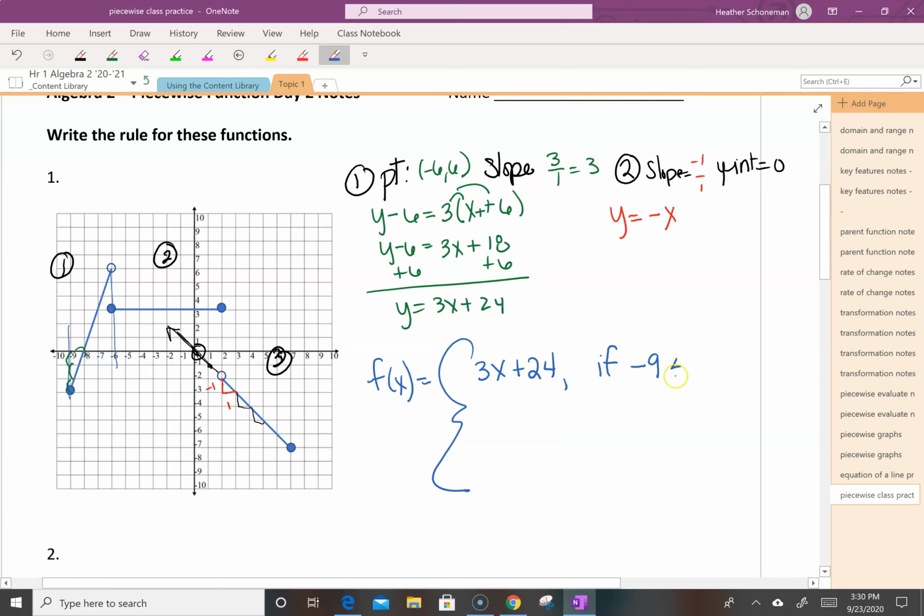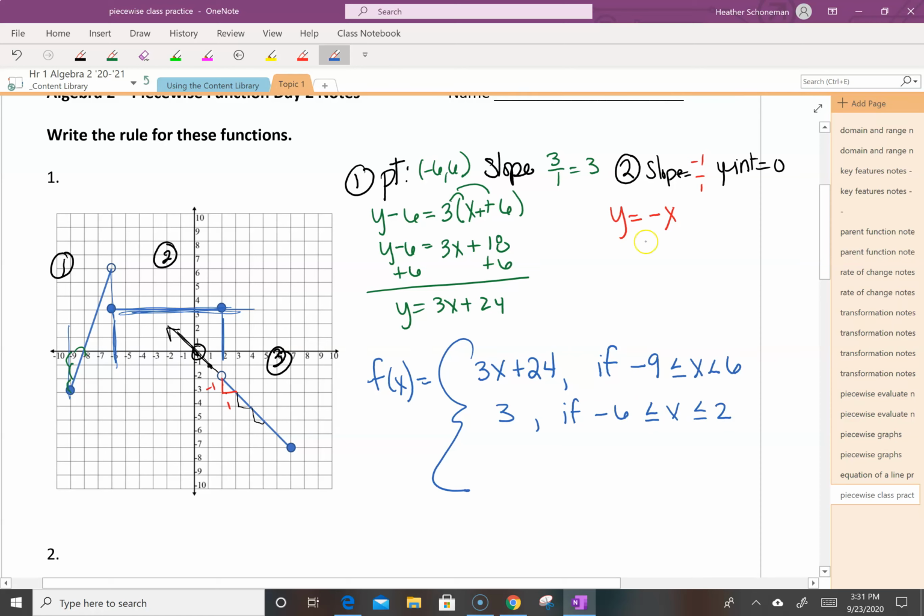So we have negative 9 less than or equal to x, less than negative 6. Okay, equation 2, flat line. Where does it cross the y-axis? Crosses at 3, so it's f of x equals 3. Nothing more to it. Domain. So if it goes from negative 6 to 2, so negative 6 is less than or equal to x, which is less than or equal to 2.